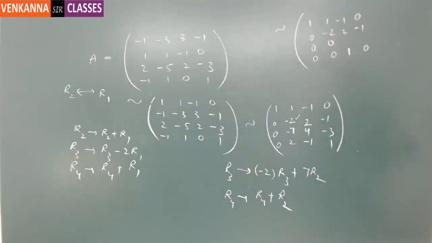You are going to simplify that. -14 plus 14, 0 here. So -8 plus 14. So +6. Again +6 -7 -1. So again, using this, you are going to make this value as 0.